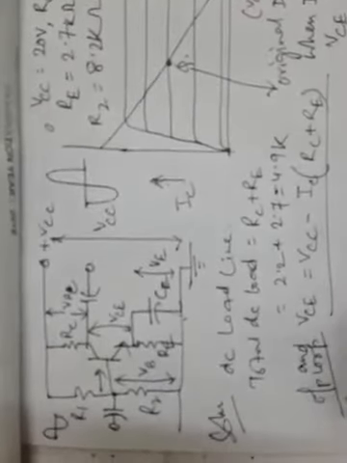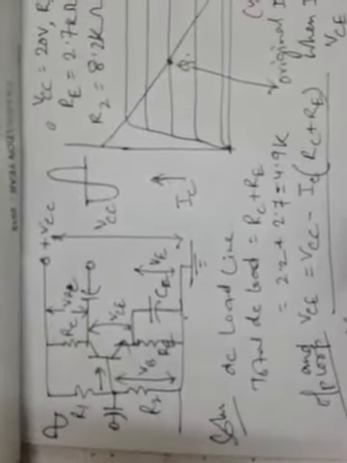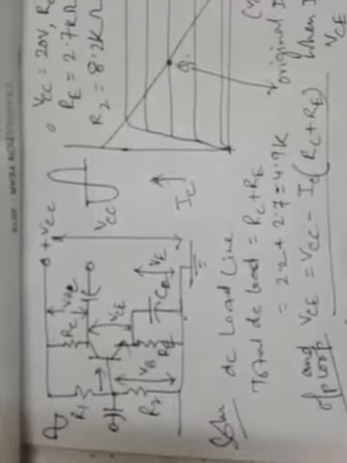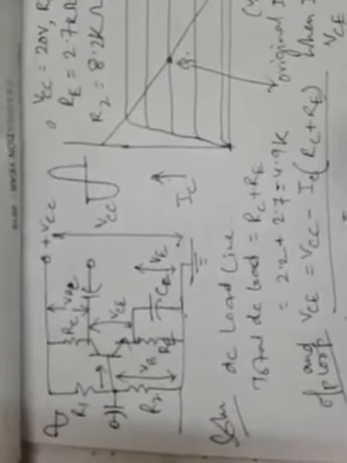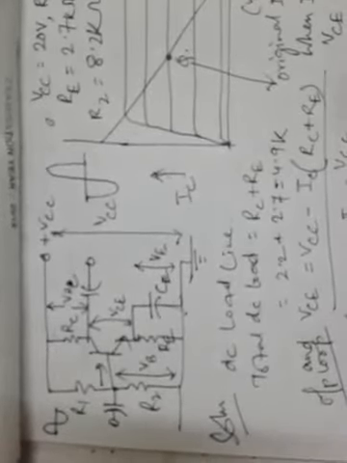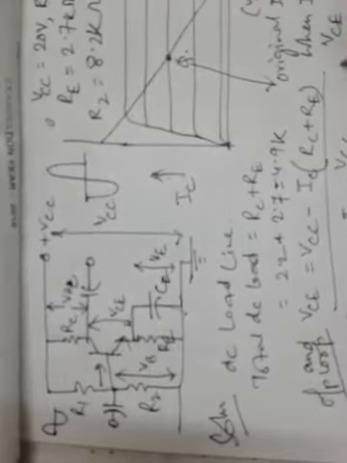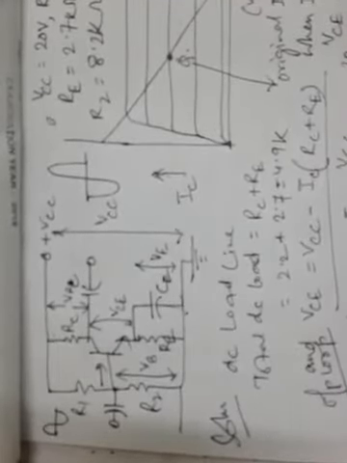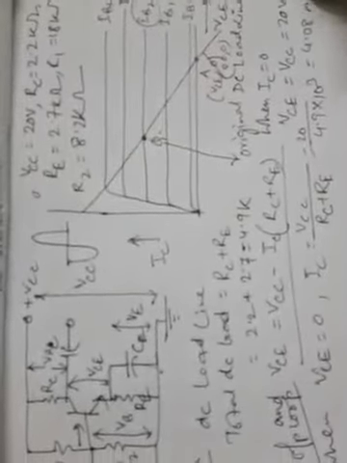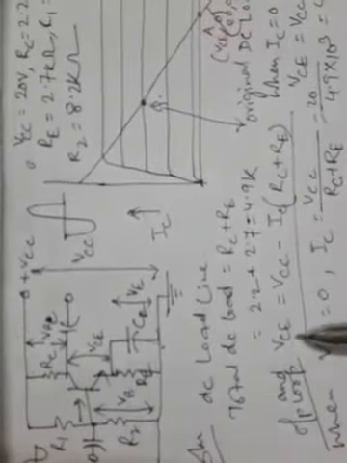Now when VCE equal to 0 in this equation, that means IC is VCC by RC plus RE, and that is 20 divided by 4.9K, which is equal to 4.08 milliampere. Very simple. Putting IC equal to 0 and then again VCE equal to 0.